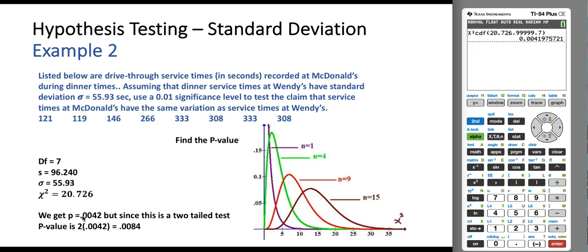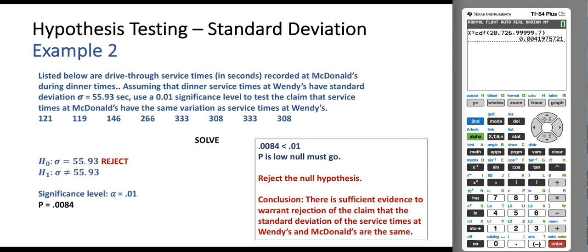We get this value of 0.0042, but since this is a two-tailed test, the p-value is actually twice this amount. So twice this amount is 0.0084, and this is our p-value. That's the p-value that we're going to be using to conduct our test.